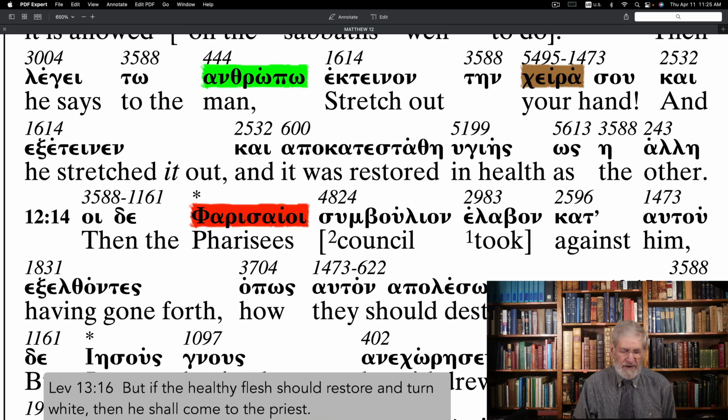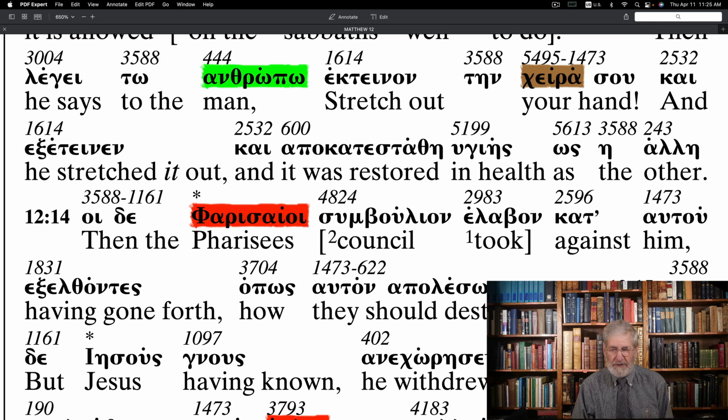In the Old Testament it says, "But if the healthy flesh should restore and turn white, then he shall come to the priest." This was concerning leprosy. But in John 5:4, it says, the one then first stepping in after the disturbance of the water became sound in whatsoever disease he was held.